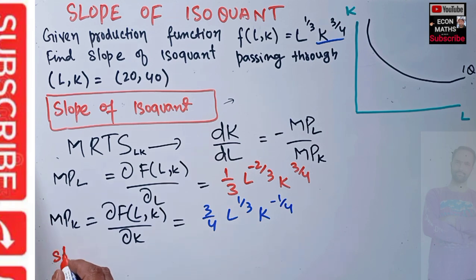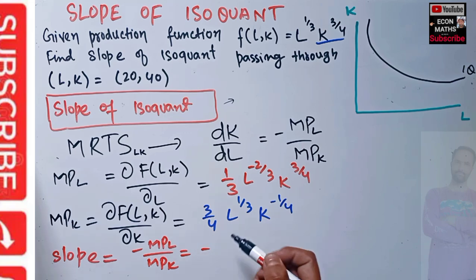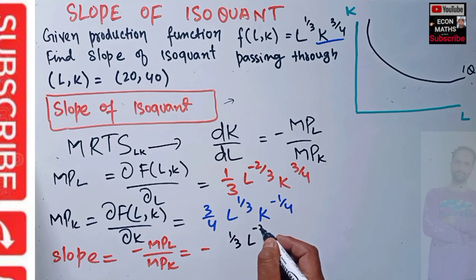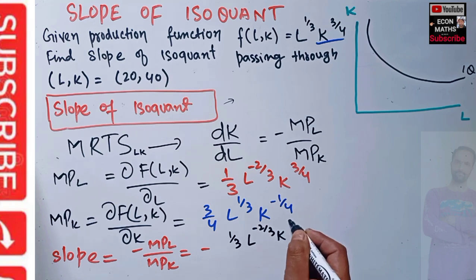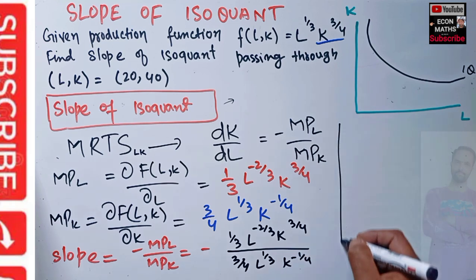Now what is the slope? The slope is equal to minus MPL upon MPK. So we have the minus sign here. Then we have 1/3 L to the power minus 2/3 K to the power 3/4, divided by 3/4 L to the power 1/3 K to the power minus 1/4.